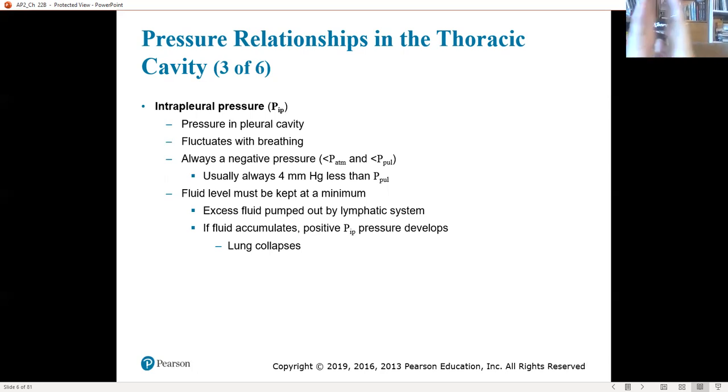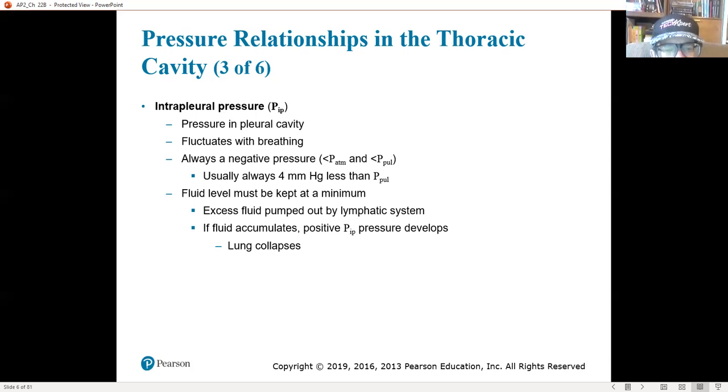But when it first starts happening, when the ribs first move out, when the parietal pleura first moves out, in this space that I'm increasing right here, you're going to have a tiny drop in pressure, which is why you suck the visceral layer and the side of the lung out. Anyway, the intrapleural pressure will always be a negative pressure.